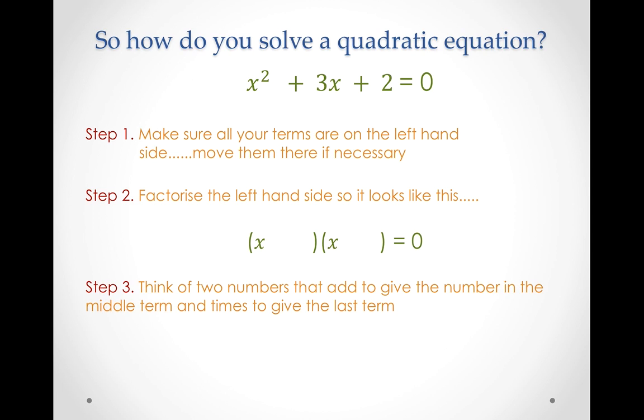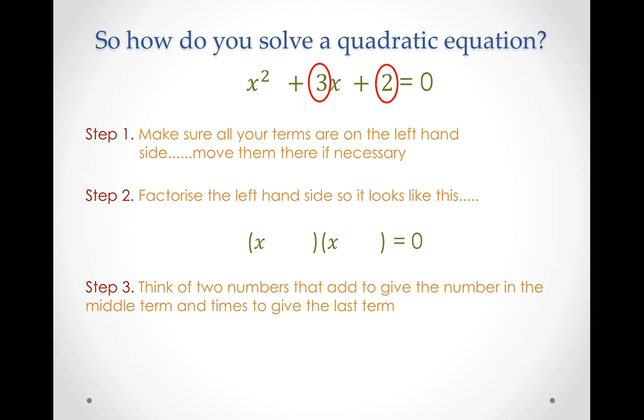Step 3. Think of two numbers that add to give the number in the middle term of the quadratic equation. I've circled it here. The middle term and the number there is 3. So think of two numbers that add up to give 3 and times to give the last term, 2.